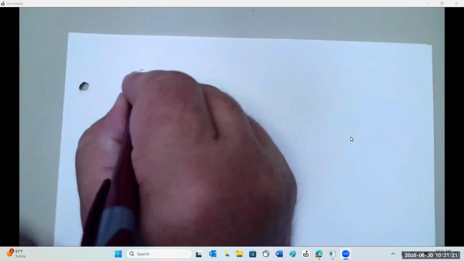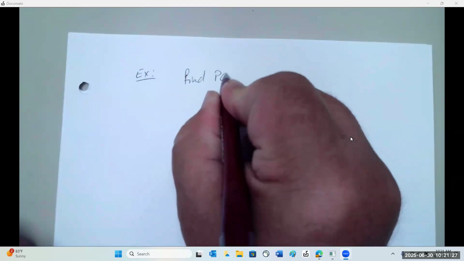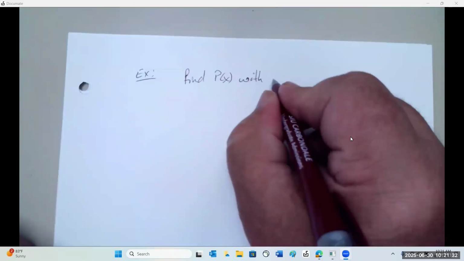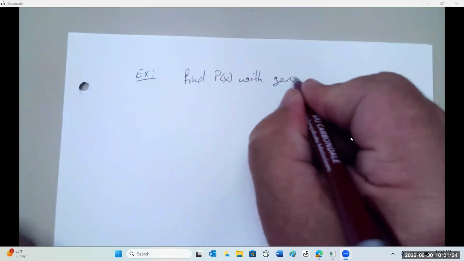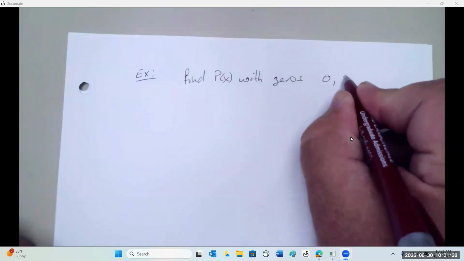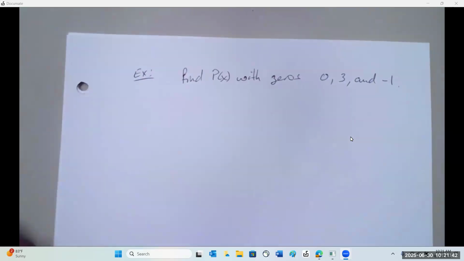All right, so let's pretend. Here's another example. Find the polynomial with the zeros 0, 3, and -1.